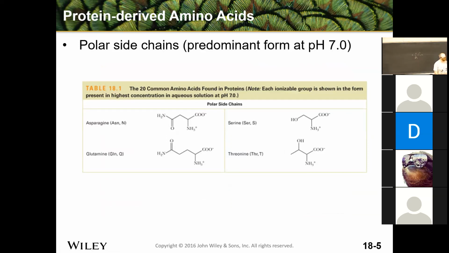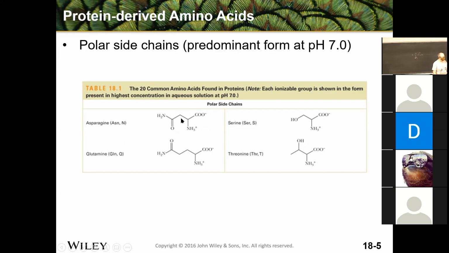Then we have some with polar side chains. Notice that these have both a 3-letter and a 1-letter abbreviation. So asparagine is ASN or just N. The 1-letter abbreviations are becoming more common.